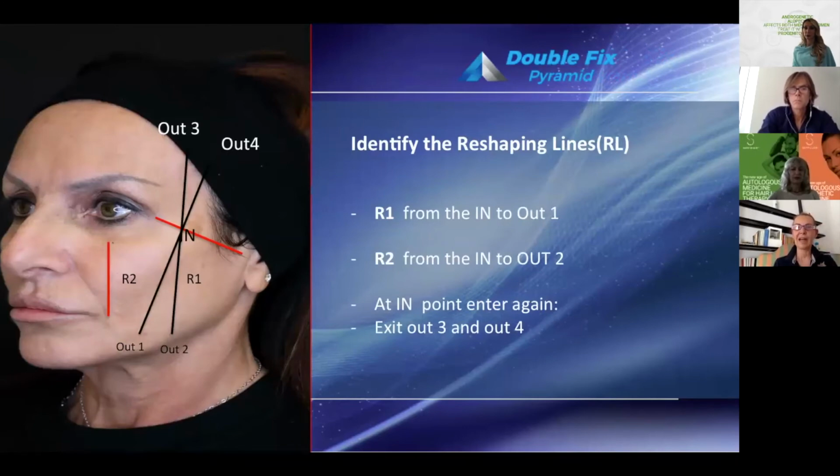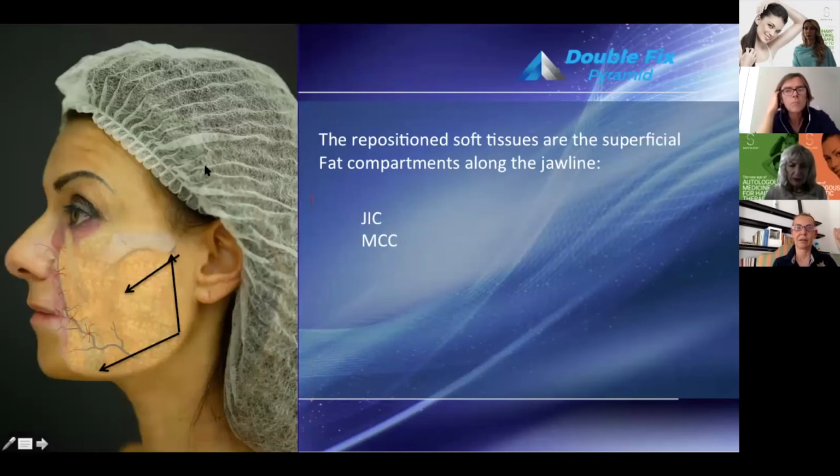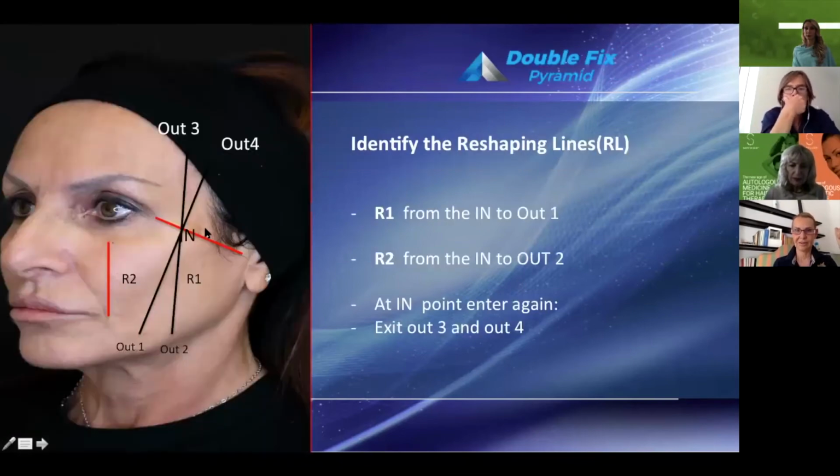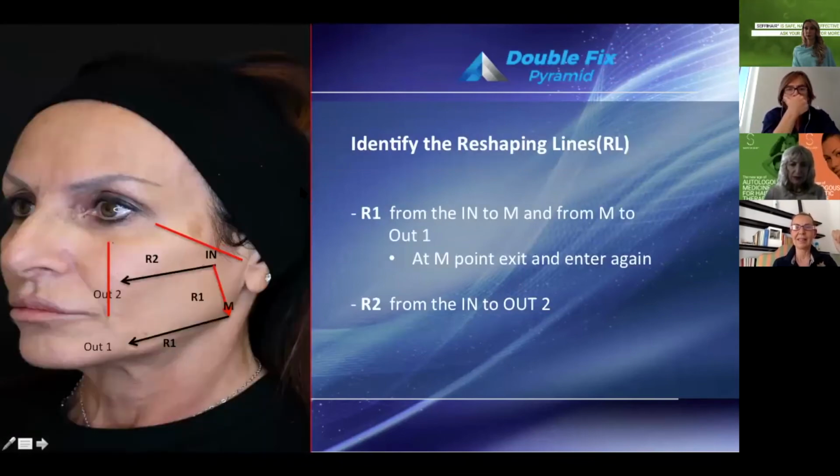How to identify the reshaping line? R1, like in this case, from in to out 1, from in to out 2, and at the in point, enter again and exit in out 3 and out 4. Identify again R1.